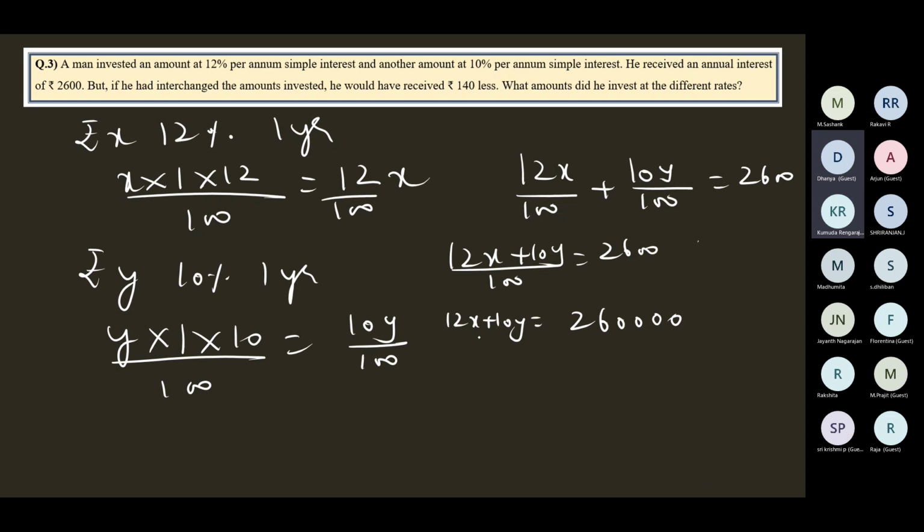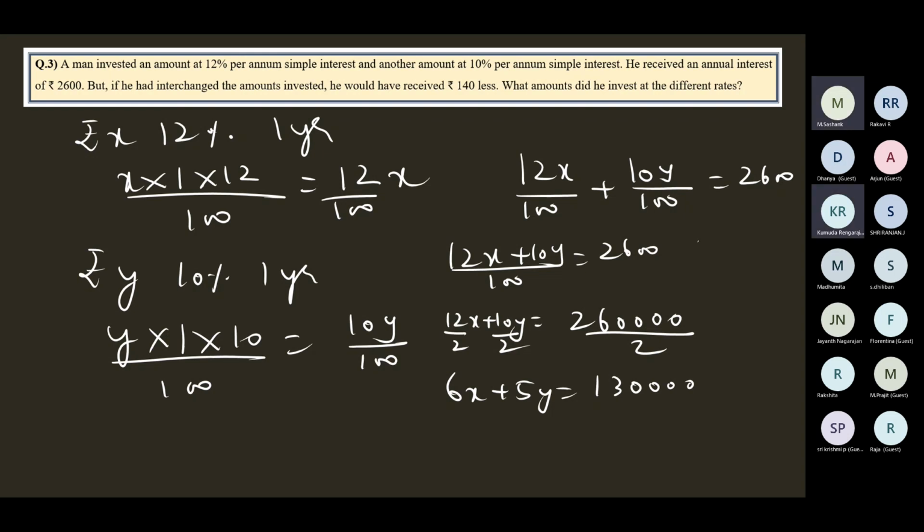And you can now divide by 2 throughout. So you will get 6x plus 5y is equal to 130000. Understood this, children? Yes, ma'am.